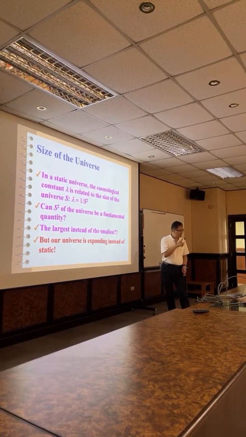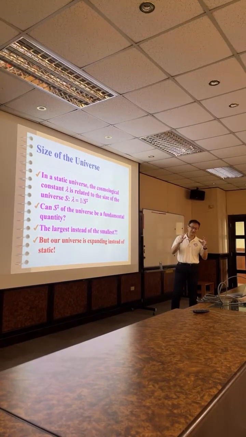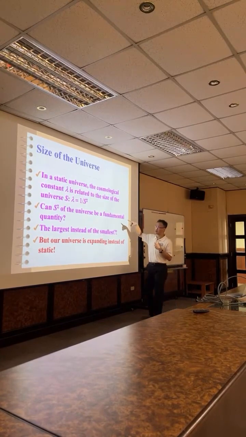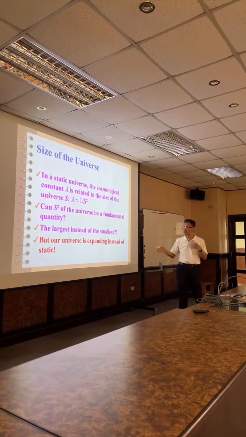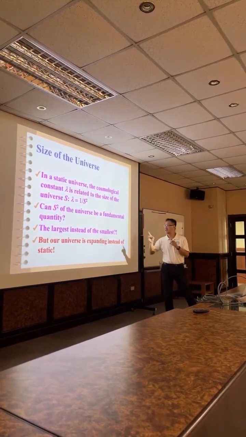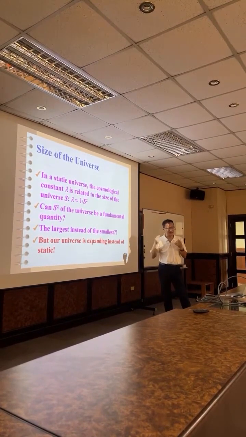That's why Einstein first assumed a static universe, and then he could not find a solution for a static universe, so he assumed there's a cosmological constant, the original cosmological constant. The cosmological constant is related to the size of the universe, so lambda equals 1 over S squared.